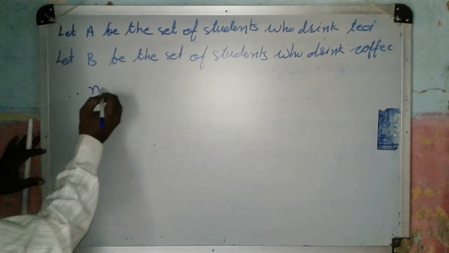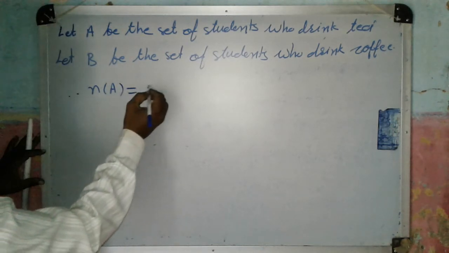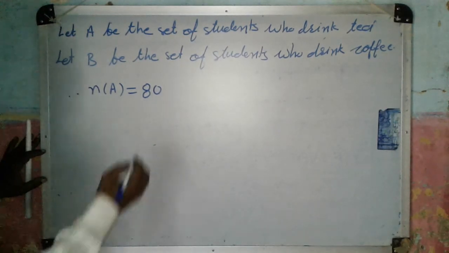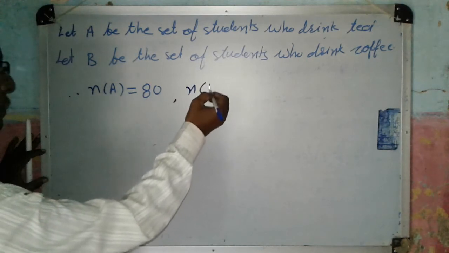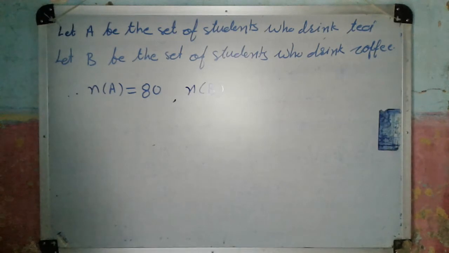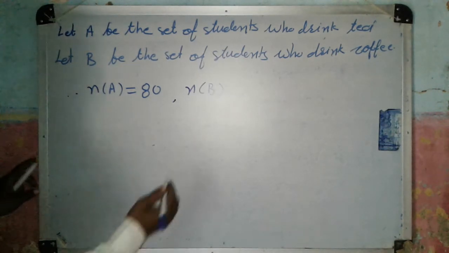Therefore, number of A is equal to 80. The students who drink tea are 80. Number of B. How many students drink coffee? B is the set of students who drink coffee. That means number of B is equal to 60.